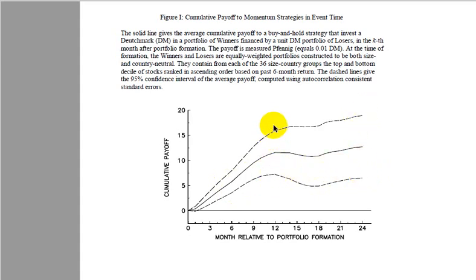And most of that was built in the first year and then leveled off over the next year. And so even after accounting for transaction costs, which could be anywhere from 1 to 4% of the returns, accounting for that still gives an abnormal profit by using this strategy.